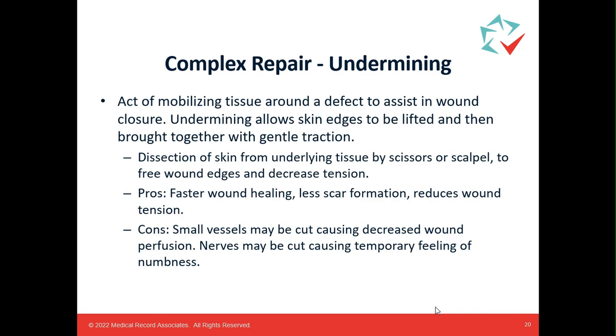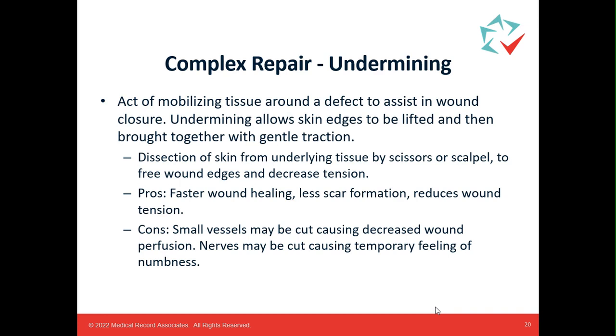Undermining is the act of mobilizing soft tissue around a defect to assist in wound closure. Undermining allows the skin edges to be lifted and then brought together with gentle traction. So this is a dissection of skin from underlying tissue by scissors or scalpel, which frees those wound edges, decreasing tension and allowing the provider to move that tissue into a better location for closure.